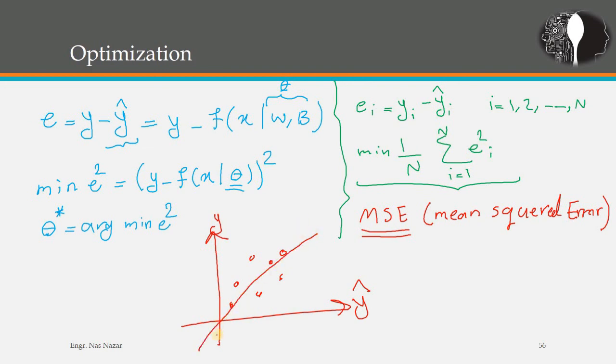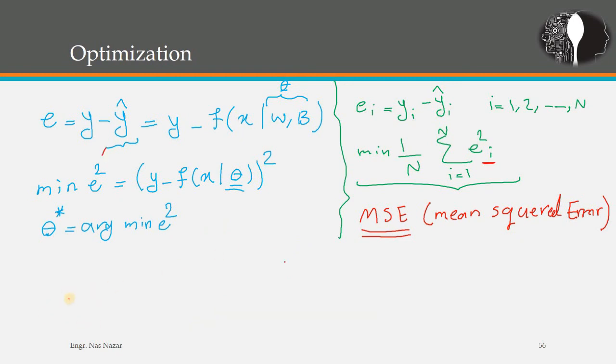We need to find a system to give the best option. It means minimizing the error, this distance, it should be minimized. We cannot really satisfy all the data for all the samples, but we can minimize the error and see which line can fit better based on our data.